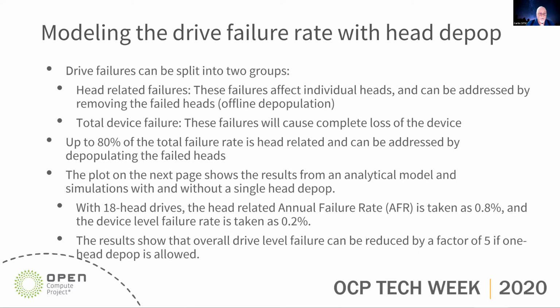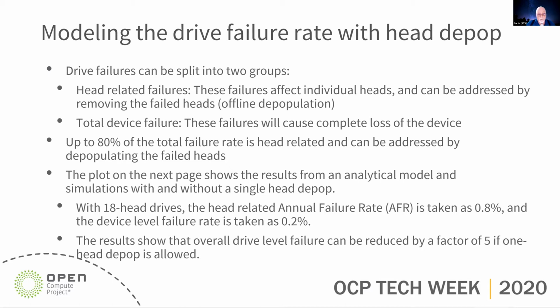What we find is up to 80% of the total failure rate is head related and can be addressed by depopulating failed heads. So I'm going to show a plot on the next page, which shows the results of an analytical model with simulations with and without single head depop.